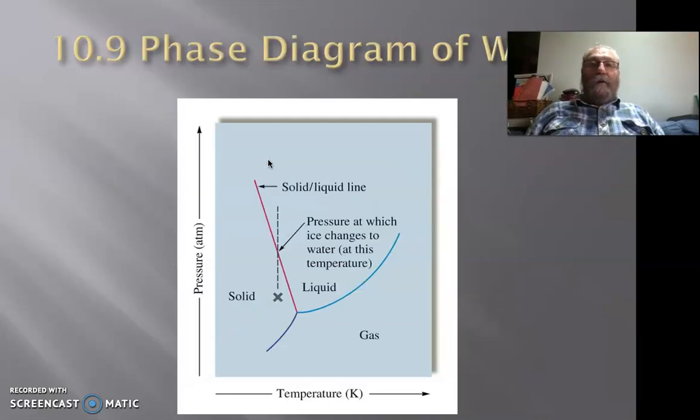This is a different type of phase diagram. This is the one for water. You can see here the interrelationship between solid, liquid, and gas. The thing that is interesting with water is the solid-liquid line goes backwards. For all other chemicals, the line goes forward.